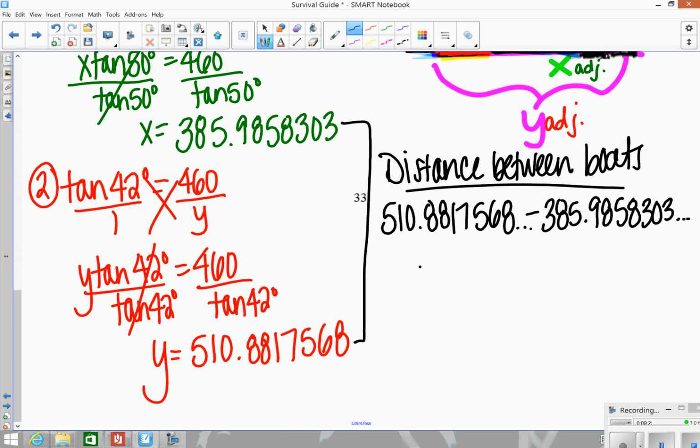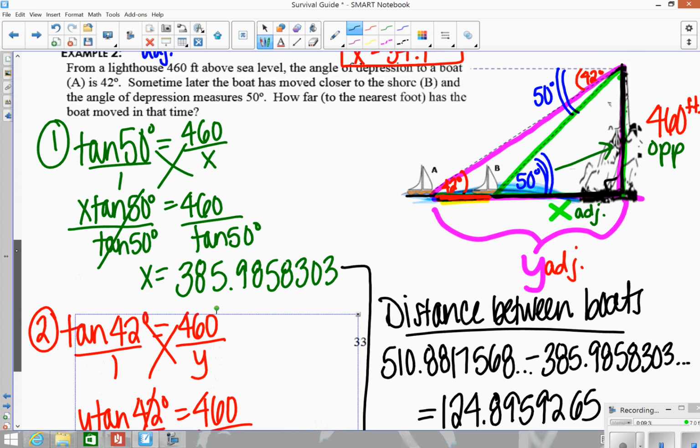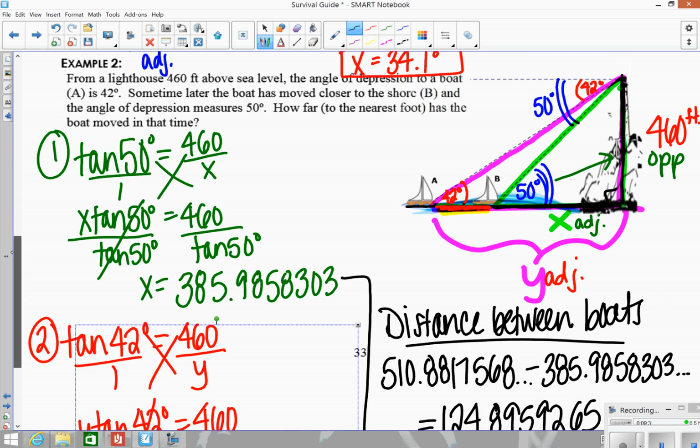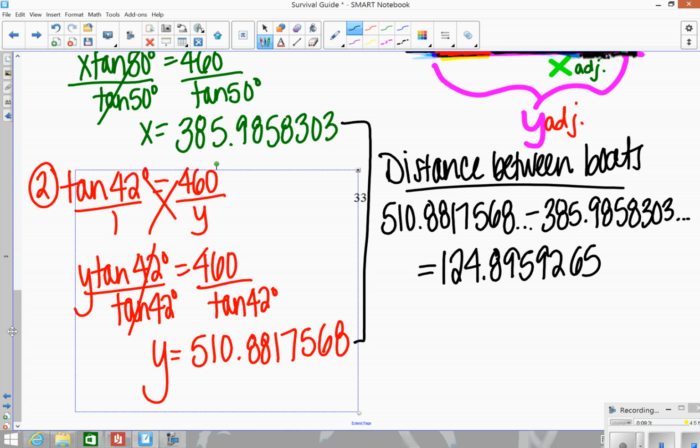And the distance that you get between the two boats is 124.8959265. And the question asked us to round to the nearest foot, so nearest whole number, and our units are going to be in feet, so it'll be round up to 125 feet is the distance between the two boats.